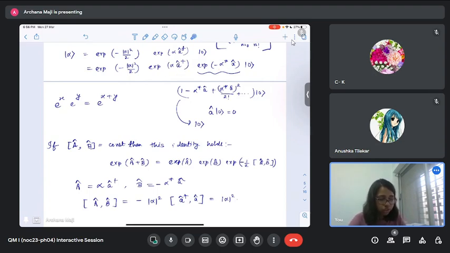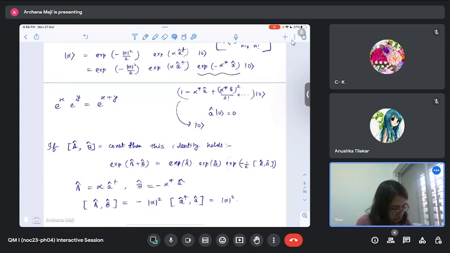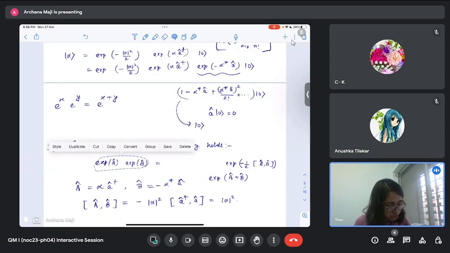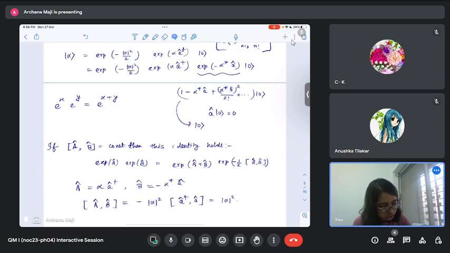Now, in order to write it as exponential of a sum of terms, we need to exploit this particular identity, and that identity says, let me write it on this side, maybe then it will be easier for you. So if you have a product of two exponentials, since this is just a constant, keep in mind the AB commutator is just a constant, so it is not an operator.